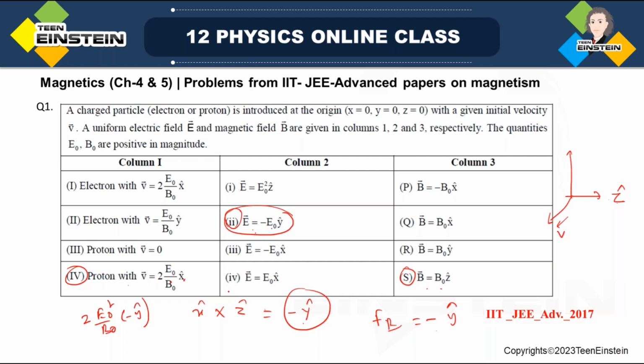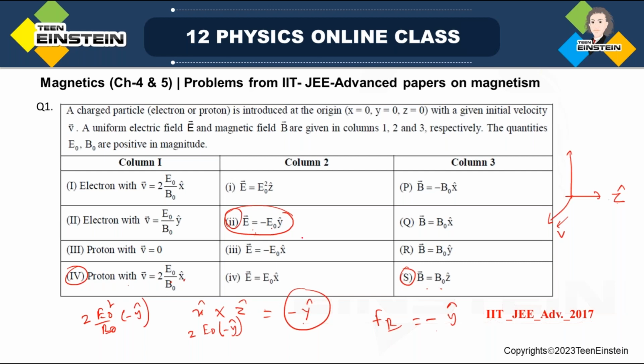Okay, fine. And what about the other force? This will be only 2 E0, along xz, which means minus y cap. So you can see there will be a resultant of these two forces, and that will lead to the negative direction.